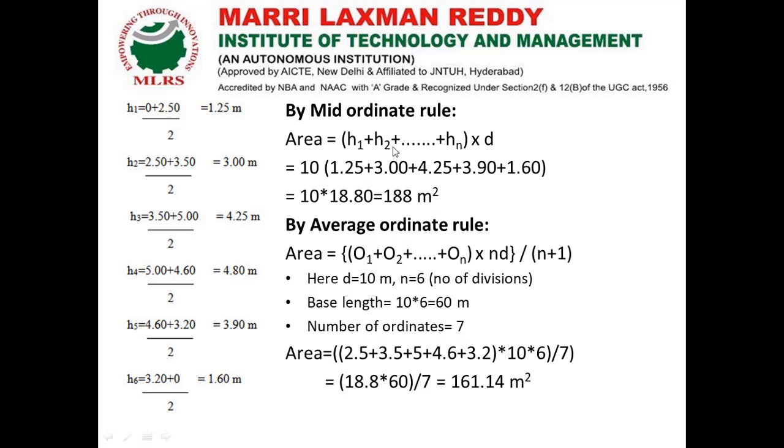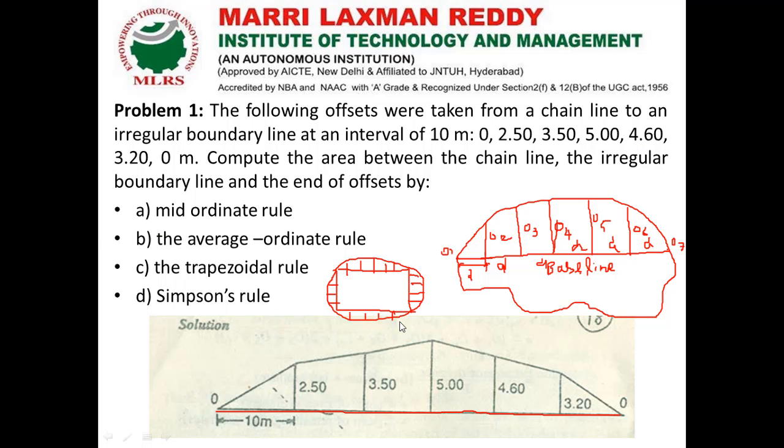Area equal to h1 plus h2 plus up to hn into d. This is the formula. Now I need the average height, or mid ordinate, here. By taking the average of consecutive readings, I can get the mid ordinate. So h1 becomes 0 plus 2.5 whole divided by 2.